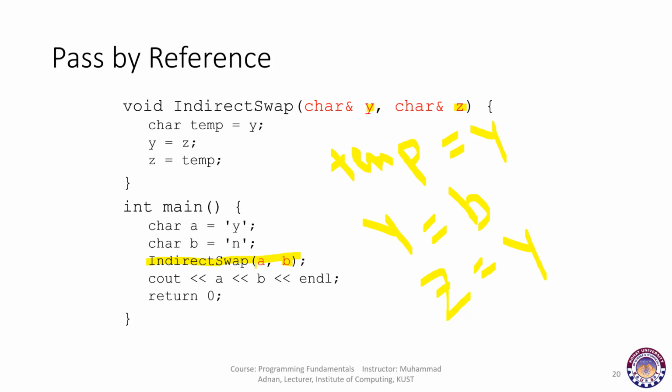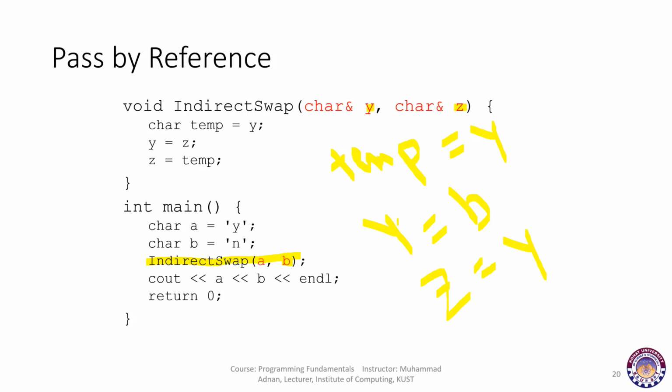So first we store the address of a and b inside y and z, and after that we get the value of y. So y was holding the value y. We store it in the temp variable and then assign the value of z to y. The value of z was in fact n.